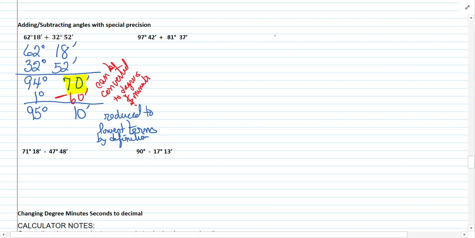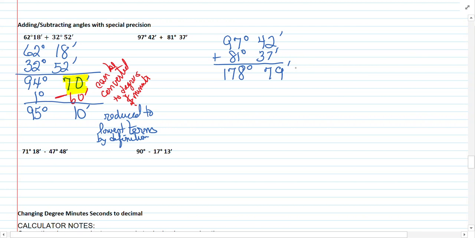So we have another example here. We have 97 degrees and 42 minutes, and we're adding to it 81 degrees and 37 minutes. I'm going to add, and if I've made an error, I apologize, but I don't think so yet.